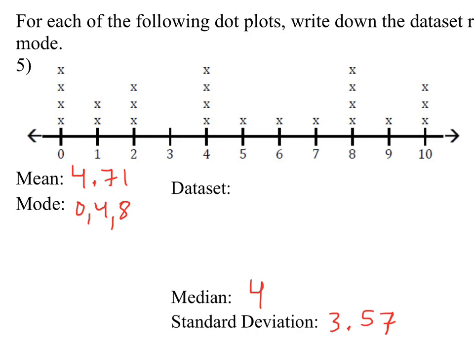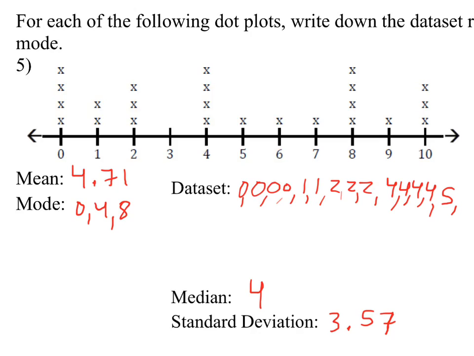So if I were writing this data set down, I see there's 4 zeros, and 2 ones, and 3 twos, and 4 fours, and there's a 5, and a 6, and a 7, and 4 eights, 1 9, and then 3 tens. So that'd be my data set.